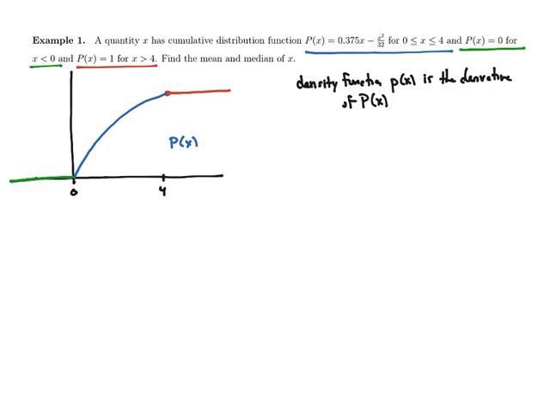So I could find lowercase p of x by just taking the derivative of our function capital P. At least this is on 0 to 4. And that will give us 0.375 minus, bringing the 2 down, a 1/16 x on this interval.